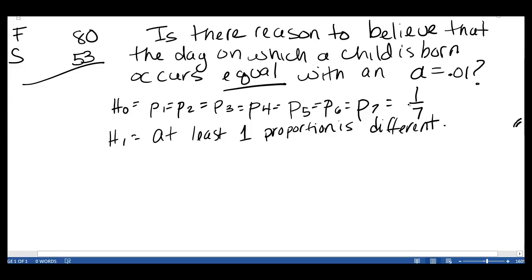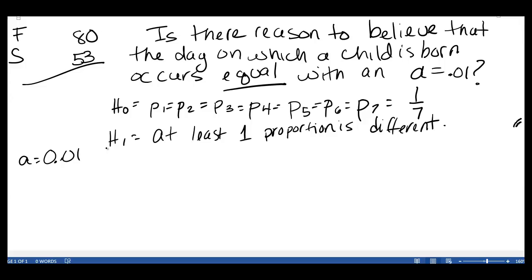As we said before, the level of significance is, we don't want to forget that, 0.01. And that'll help us when we actually use our chi-squared table. So now we have the observed values, and we have to talk about the expected values.